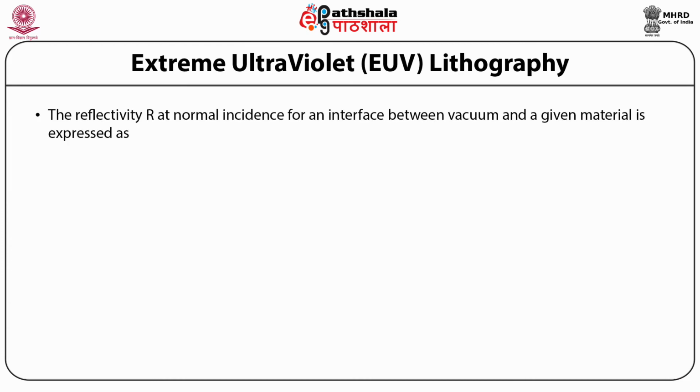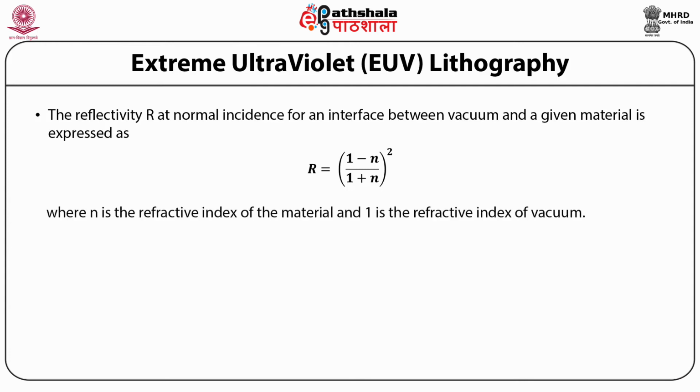So, students, the formula for the reflectivity R at normal incidence for an interface between vacuum and a given material is expressed as R equal to ((1 minus n) divided by (1 plus n)) to the power 2, where n is the refractive index of the material, and 1 is the refractive index of vacuum.